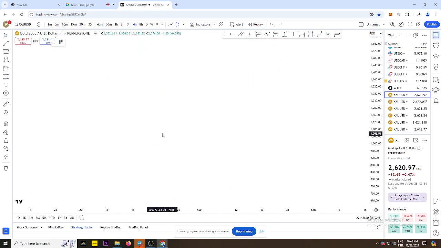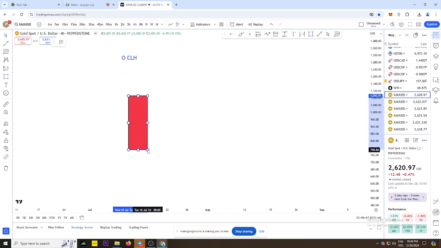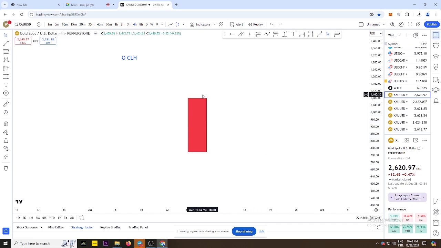Every candle has four parts. You already know this part, I already covered it a lot in my videos. One is open, one is close, one is low, one is high. So if I start with this red candle, we do not have any wick yet, so let me add the wick.